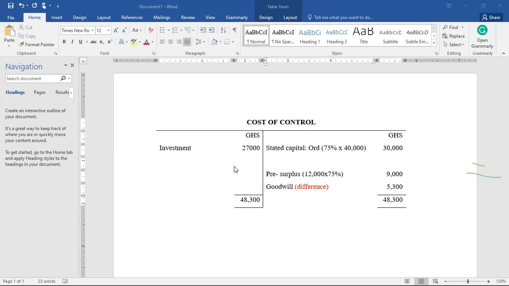Nobody is calculating. 20,000 divided by 25,000 times 100. Nobody is calculating it.